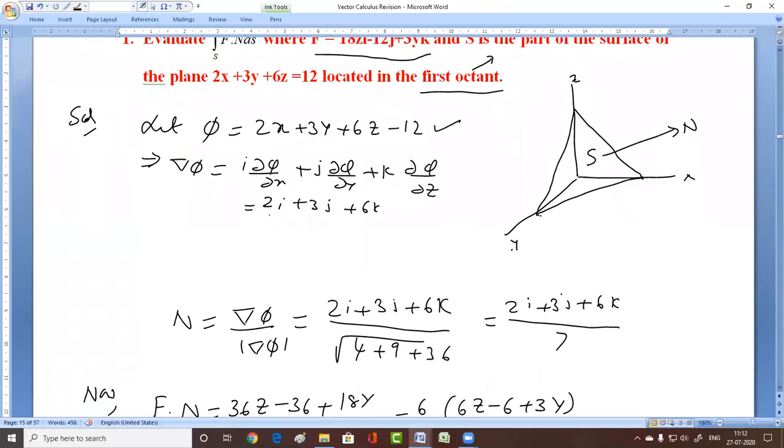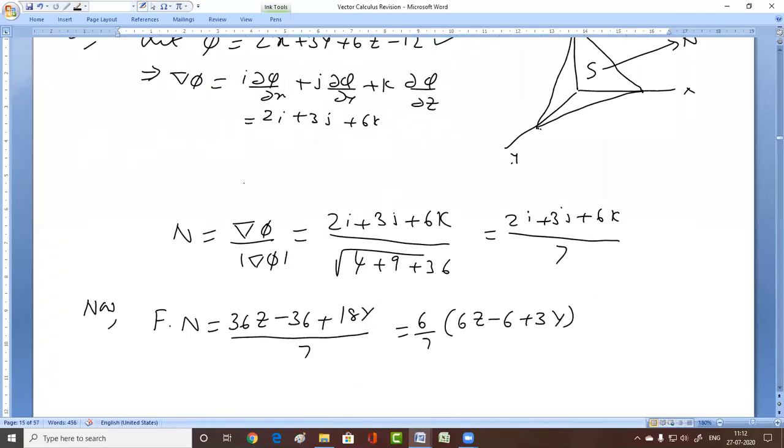Now the partial derivative with respect to x is 2, with respect to y is 3, with respect to z is 6. So n equals del phi by mod del phi. Del phi is known. Modulus of del phi equals the square root of 4 plus 3 square plus 6 square, root 49, equals 7. So n equals del phi by mod del phi. Now we got this one.